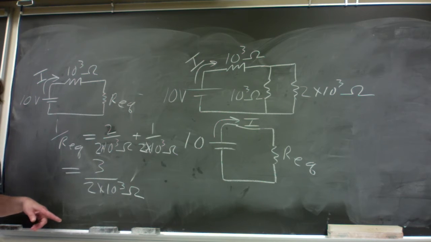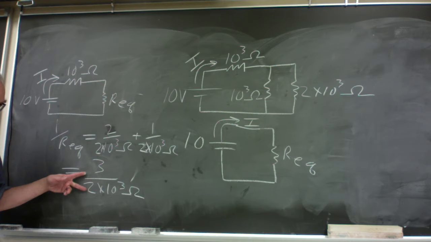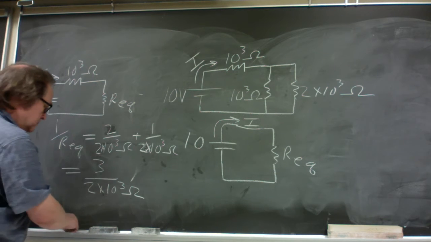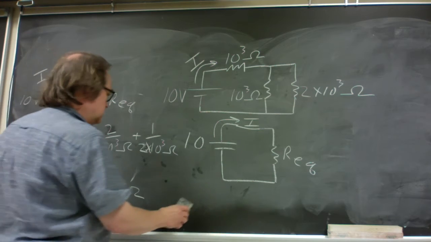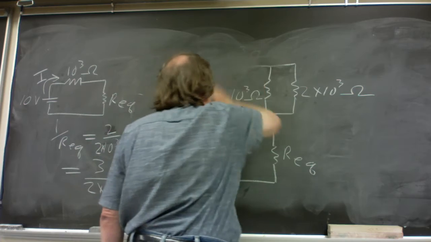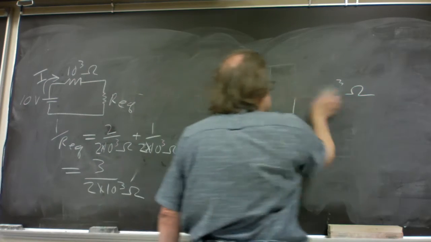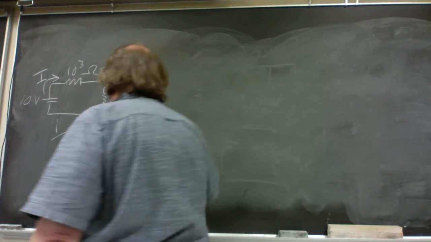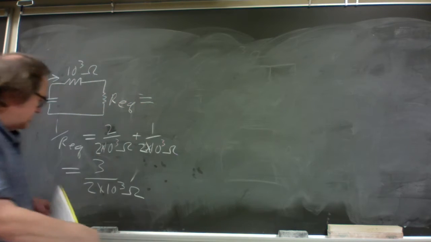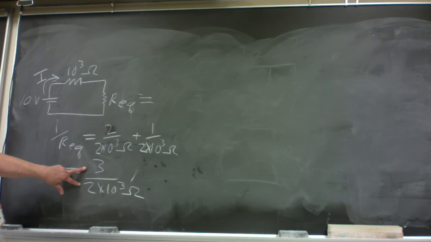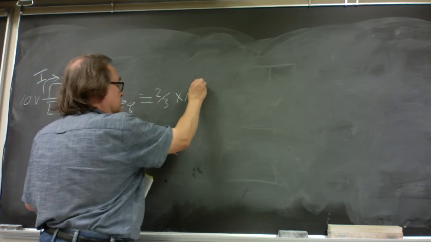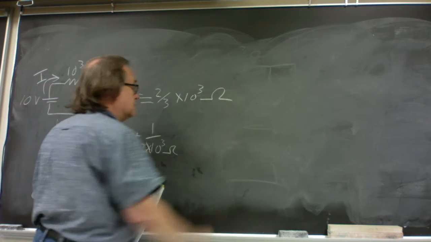So the equivalent resistance itself is just the inverse of this. Just flip all this over. And so our equivalent is 2 over 3 times 10 to the 3 ohms.